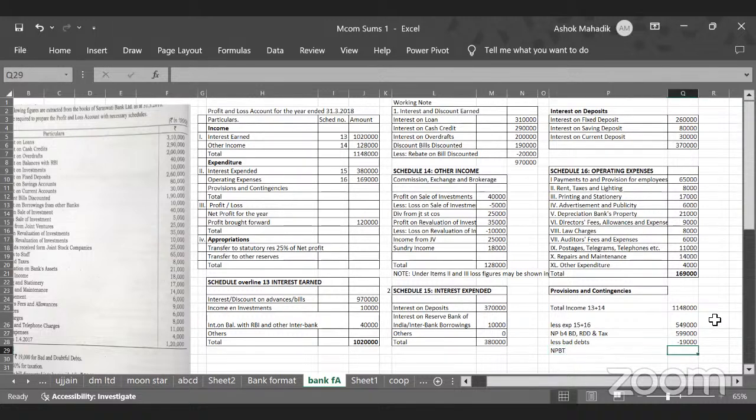It will be 5,99,000 minus bad debts, so 6,18,000. Actually I put minus earlier, so minus minus added up. I have to put it plus 19,000 because in the formula I have minus. So actually it is 5,80,000. Did you get it?